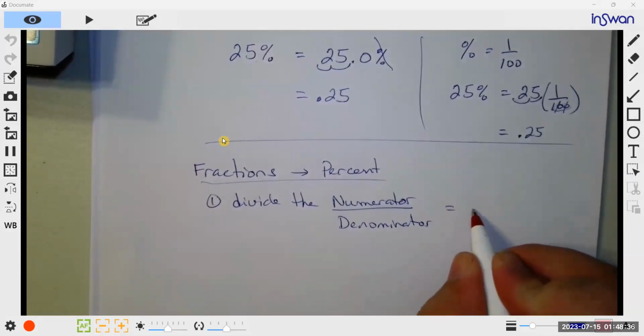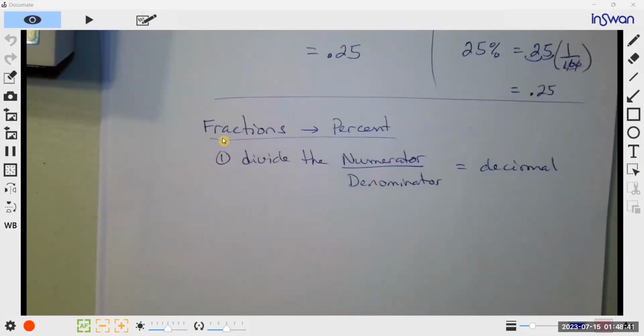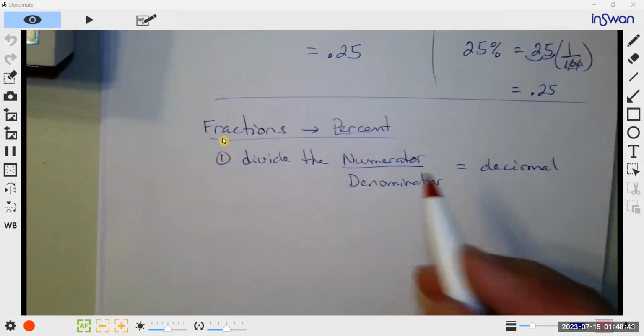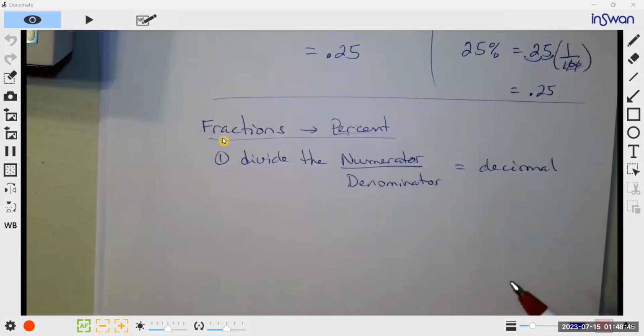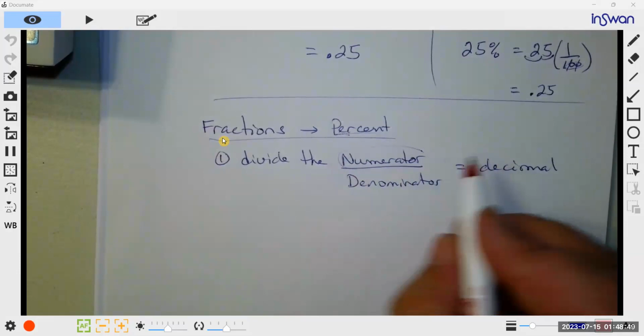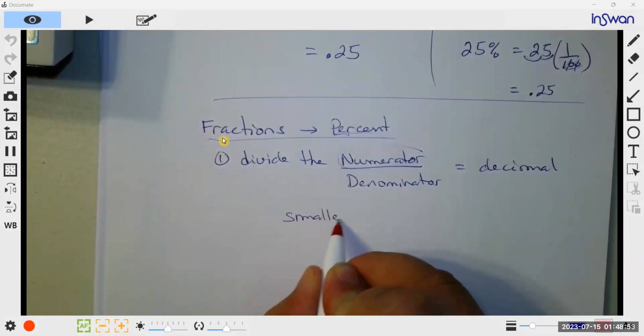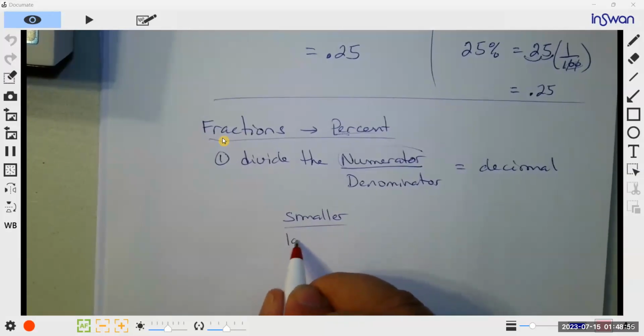That equals some decimal. Because remember, when we're dealing with percent, typically it's the smaller number on top and the larger number on the bottom.